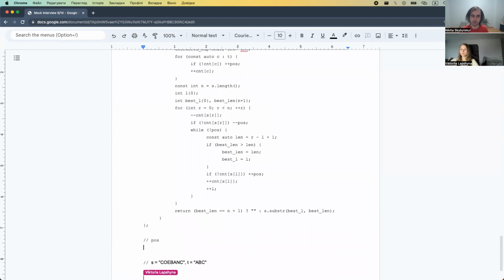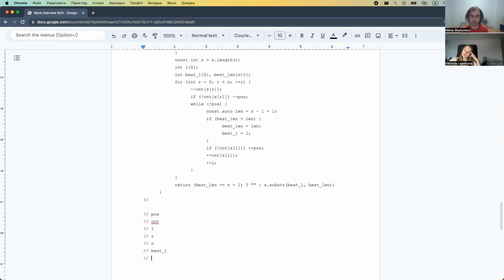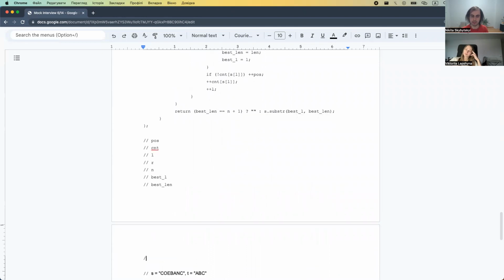So what I have is positive count, left, right, n, best left, best len at some point as well.